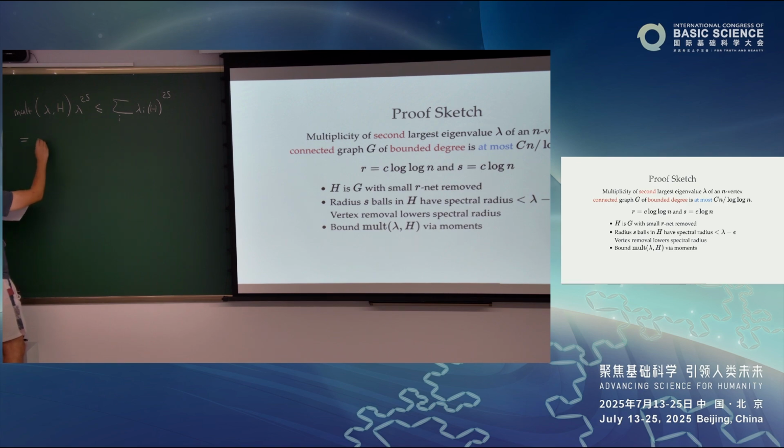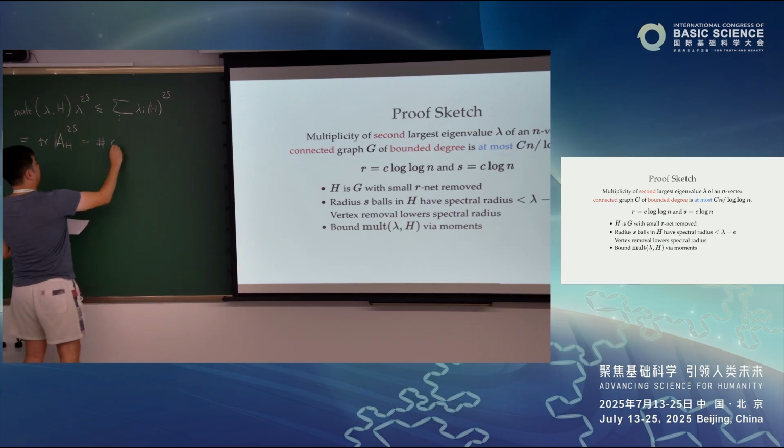So this then is the trace of the adjacency matrix of H raised to 2s. You probably already know that if you raise a matrix to the k-th power and take the trace, that's the sum of the k-th moments of the eigenvalues. But this actually has a combinatorial meaning.